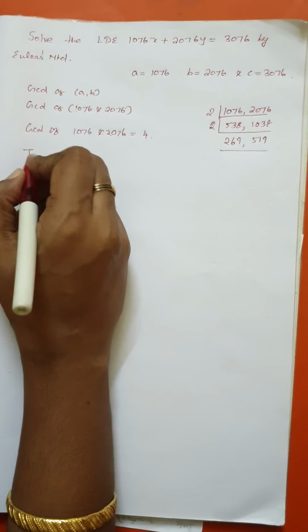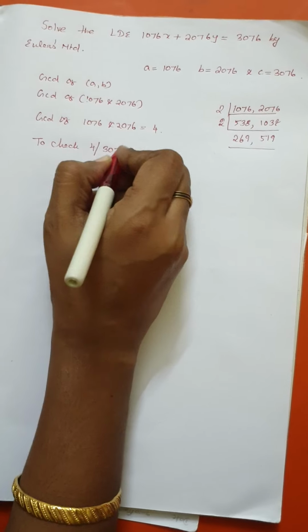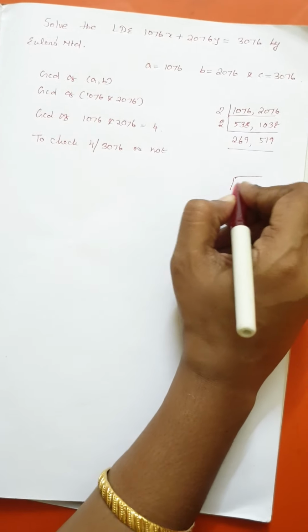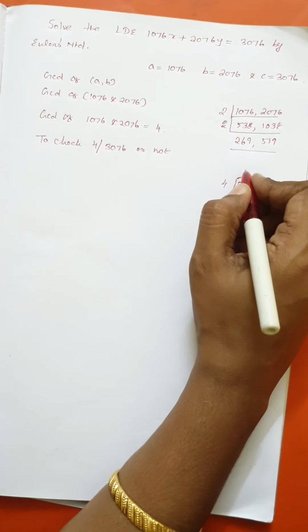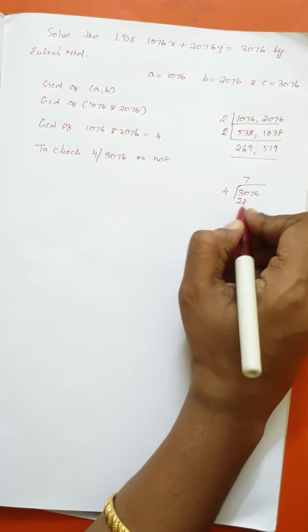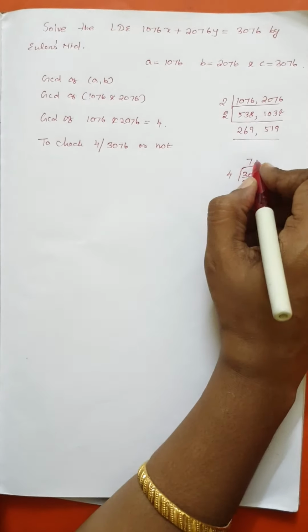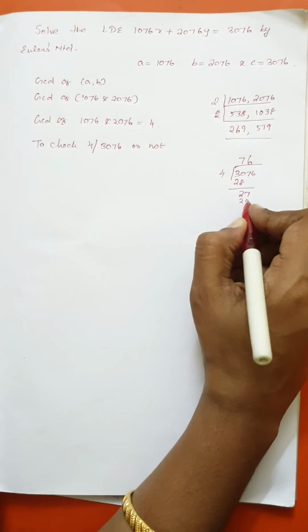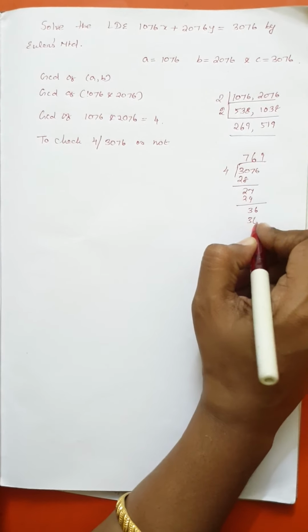And next we have to check whether 4 is a divisor of 3076 or not. So when you divide 3076 by 4, we get 7 4s are 28, remainder 2, 27. 6 4s are 24, then 36. 9 4s are 36.